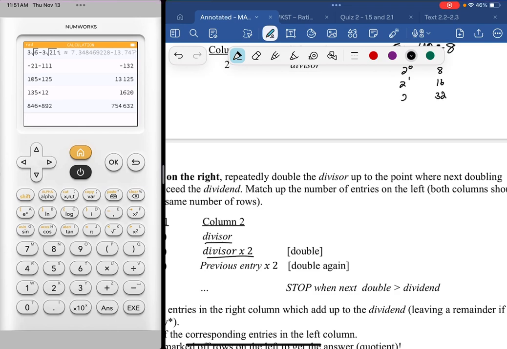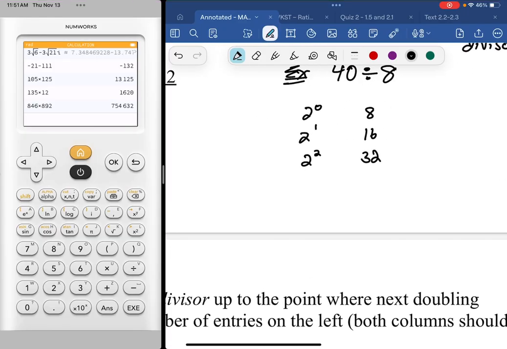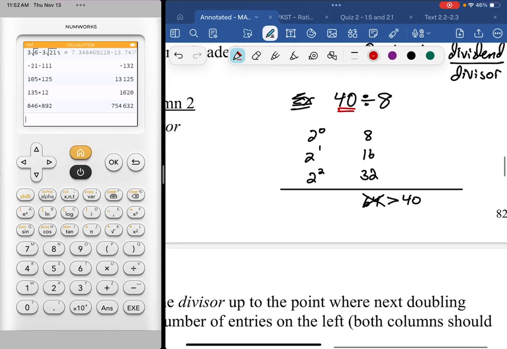32, that corresponds with 2 to the 2nd power. If I double it again, I get 64. Because 64 is greater than 40, we don't include it. So the 64 is out. What we then do is look for any set of values that would add up to whatever the dividend is.